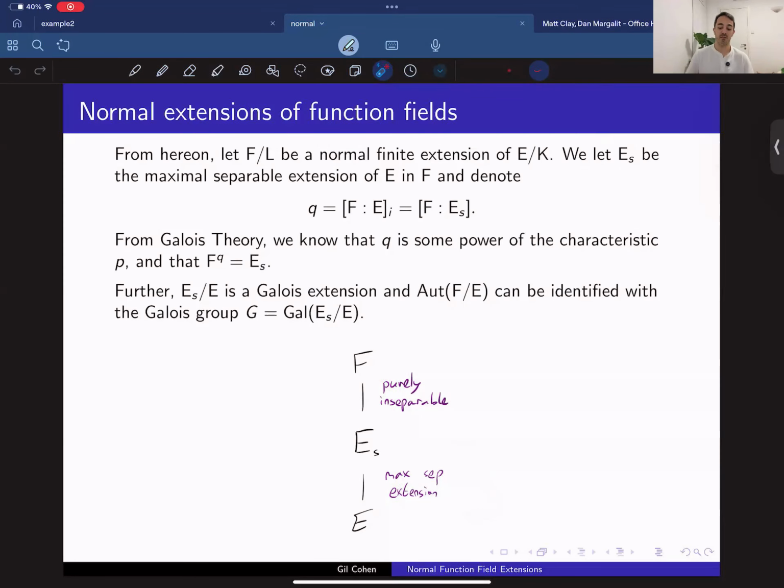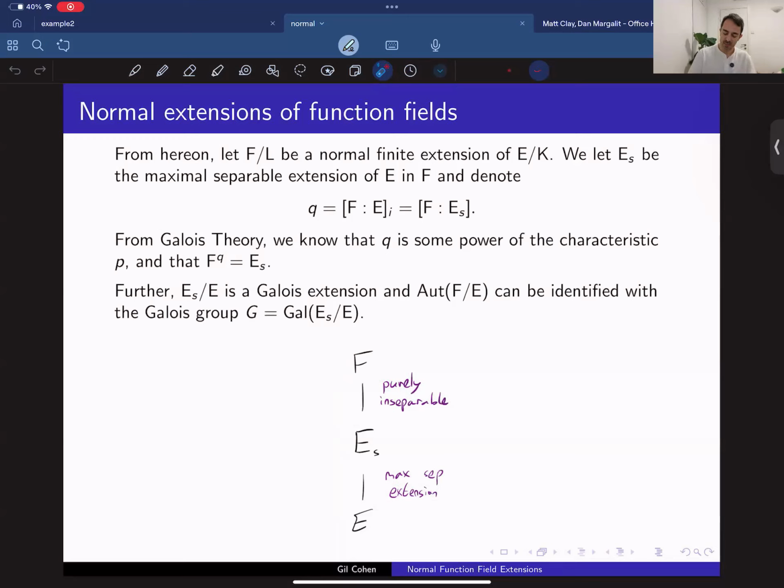Recall that if you have a normal extension and you consider a subfield, typically that's not normal when this is normal. But in our case, because of the specific choice of field here, this extension is separable and normal, and so it's a Galois extension. That's the usual way in which you cook up a Galois extension from a normal extension.